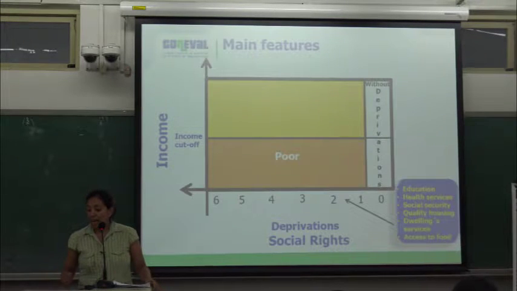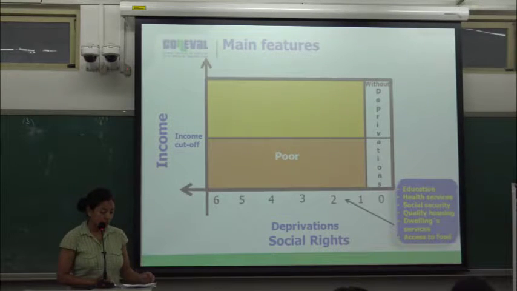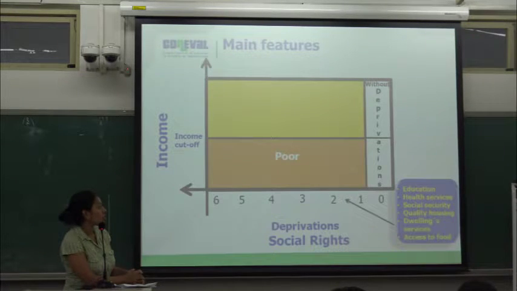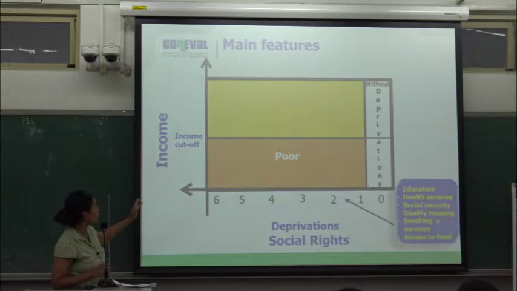And how does the Mexican government define multidimensional poverty? Well, there are 2 aspects that they regard as basic. A person is multidimensionally poor if he or she doesn't have sufficient income to buy a very basic basket of food and non-food items.